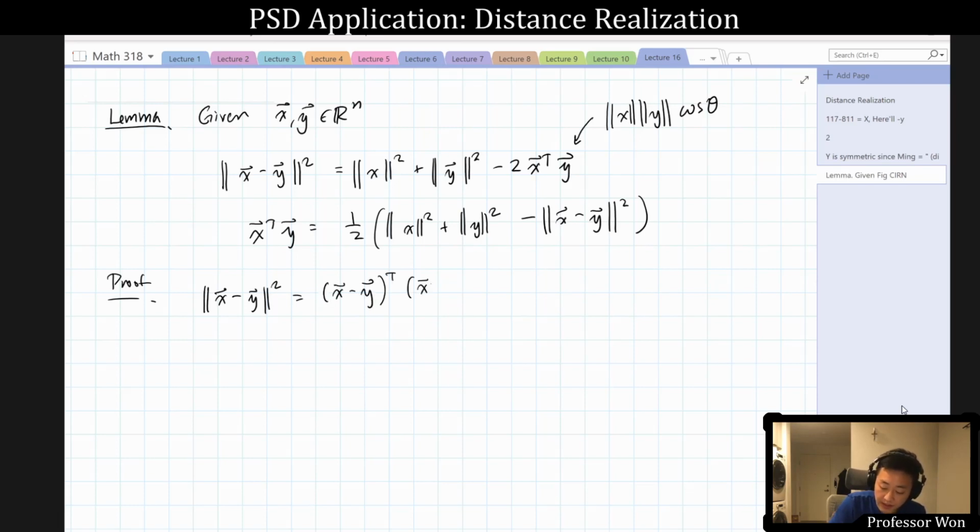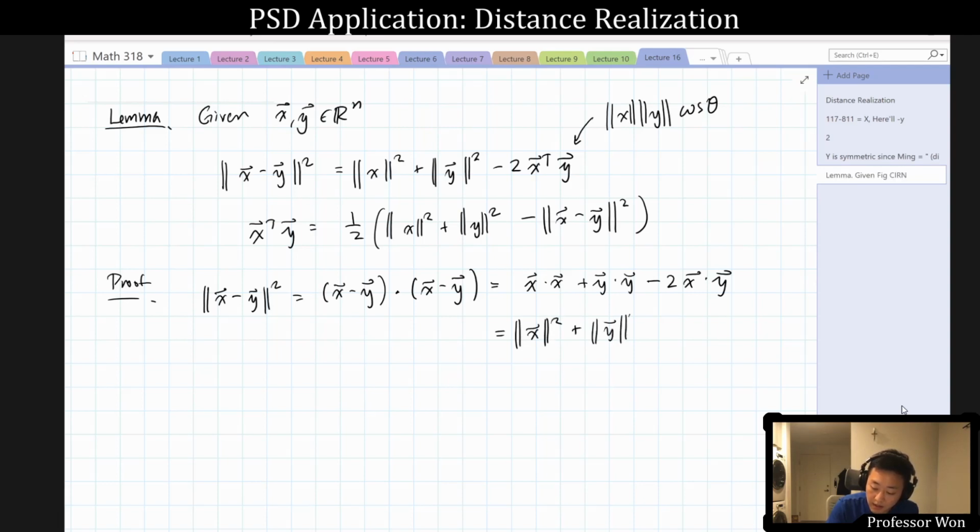Let's just use dot products. It's fine. And now you can just use the distributivity of the dot product, or the distributivity of matrix multiplication over matrix addition. Together, this is x dot x plus y dot y minus 2x dot y. And that's exactly length of x squared plus the length of y squared minus 2x transpose y.